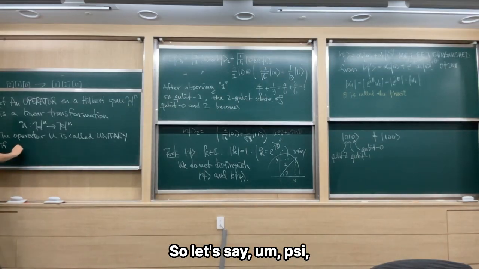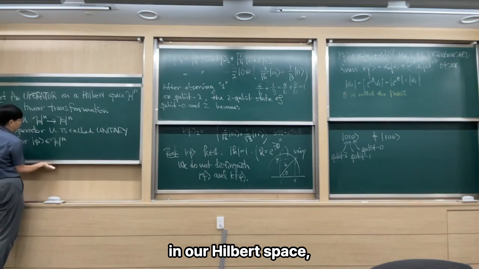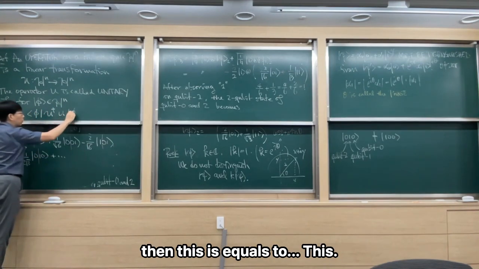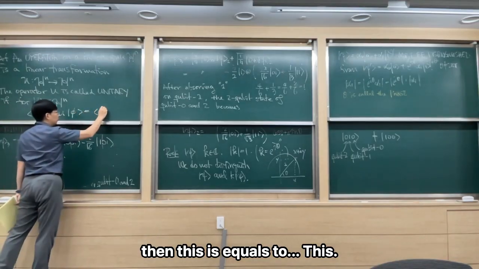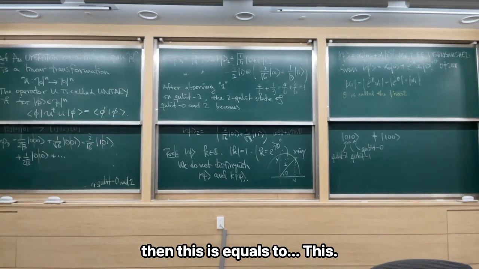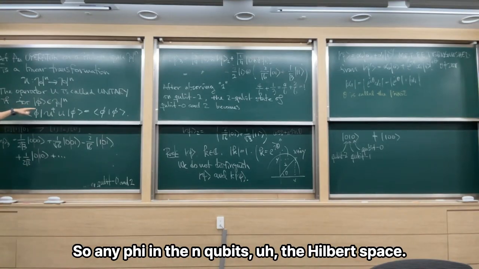Let's say psi and phi are elements in our Hilbert space, then this is equal to this, for any phi, not just some phi, so any phi in the n-qubit Hilbert space.